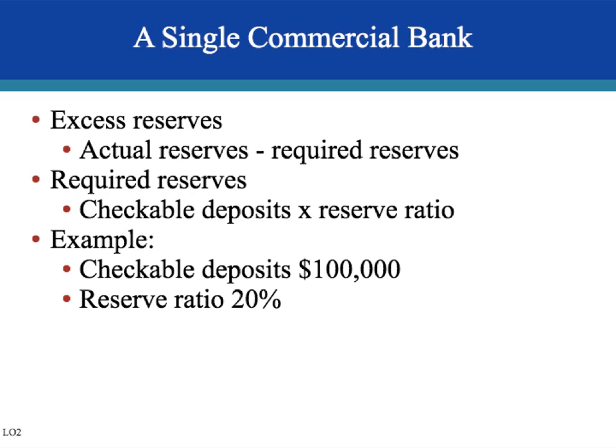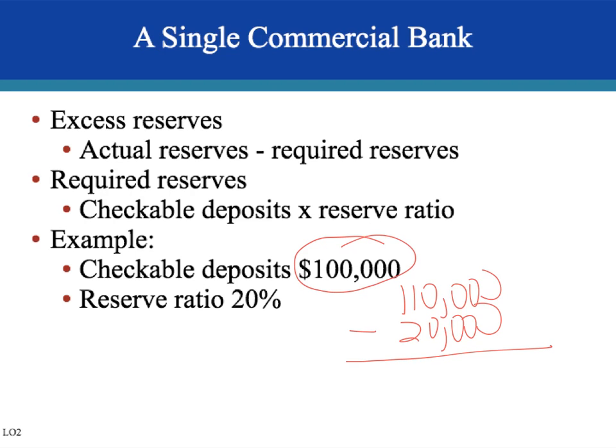The reserves deposited with the Fed were $110,000, minus the $20,000 that was required, and so excess reserves are $90,000. So really, the bank just needs to hold on to $20,000, and the rest is considered extra reserves.